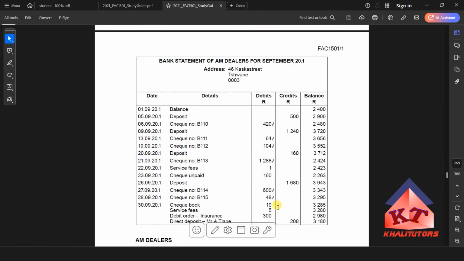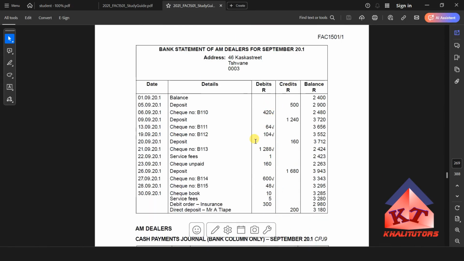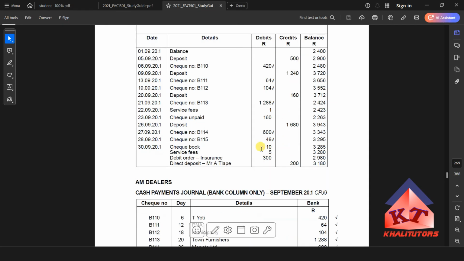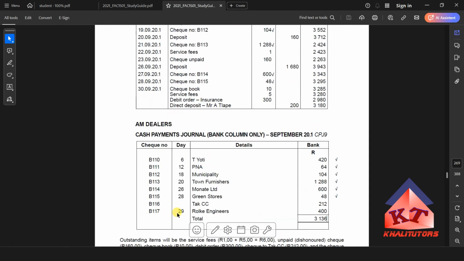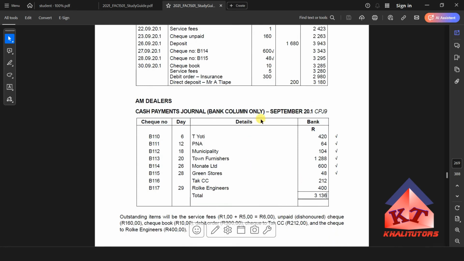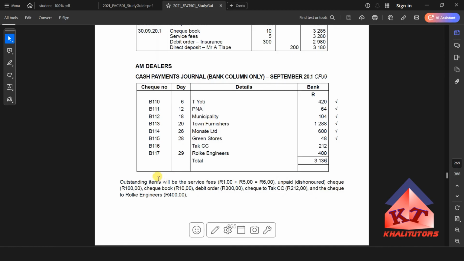You'll mark these ones, so whatever is marked here means that it is appearing on both. These ones are not appearing on the cash payments journal, so you'll take them and add them to adjust this total.